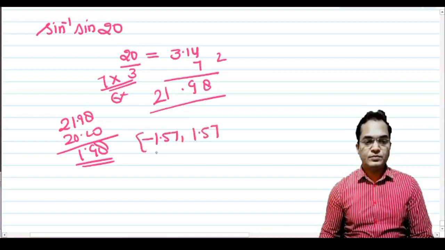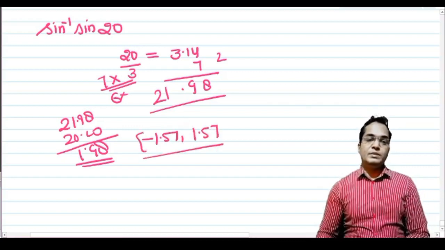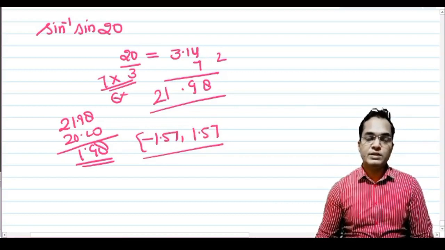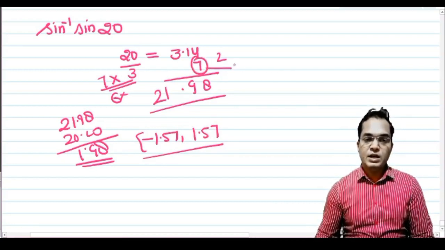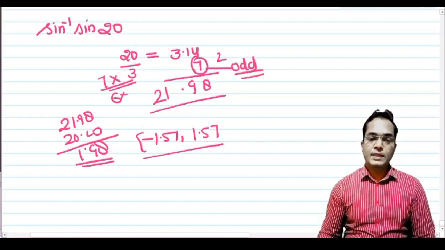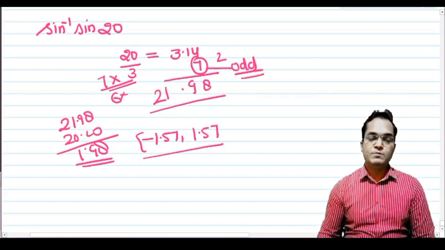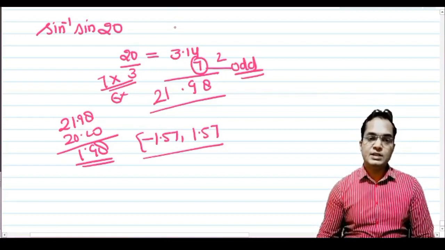Now what happens here? The multiple of 7 is an odd multiple, so now we try the even multiple, either 6 or 8.